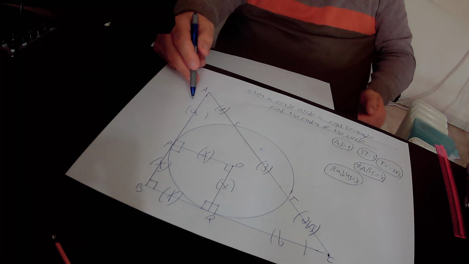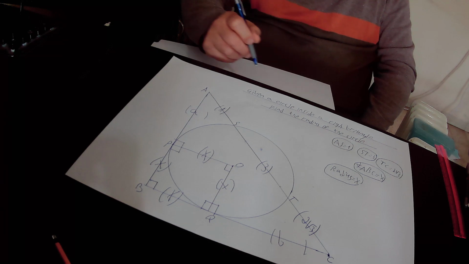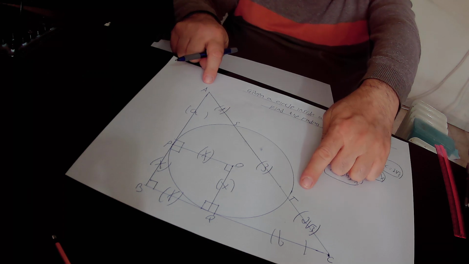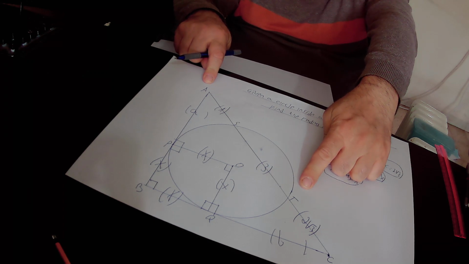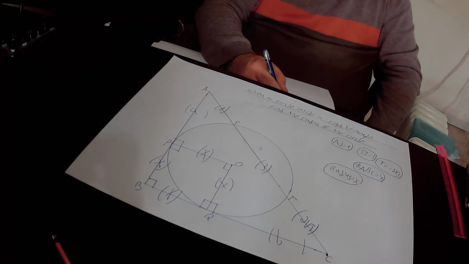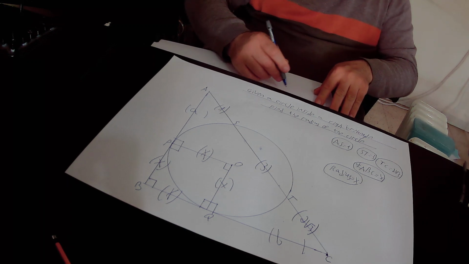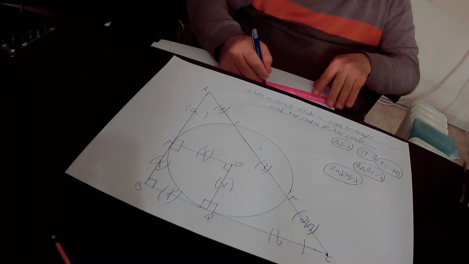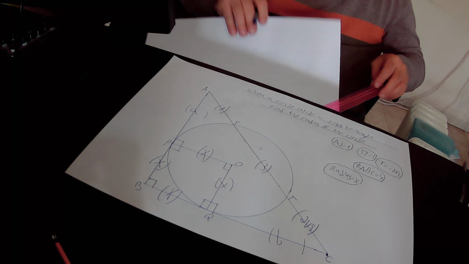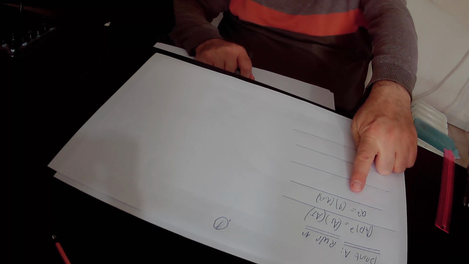AP equals a according to our definition, therefore AP square is a square, so a square equals AS times AT. AS is 1, and AT in total equals 1 plus 3. So we found out that a squared equals 1 times 1 plus 3.